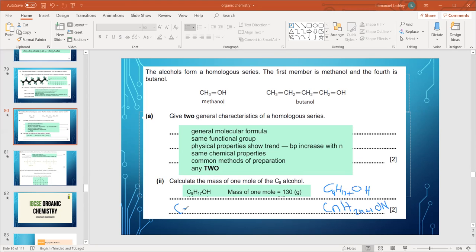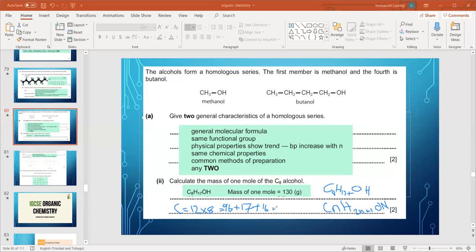is carbon. Carbon is 12. 12 by 8 is 96. 17 hydrogens, 17 by 1 is 17. Plus 1 oxygen. Oxygen is 16.